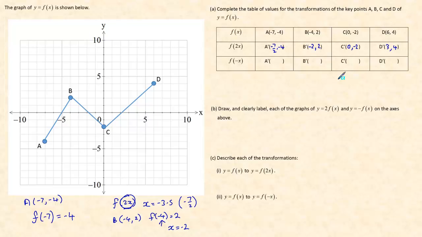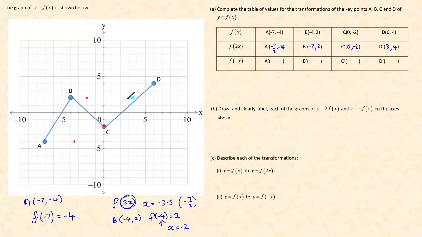So if we draw that one now, we have -3.5 and -4. Now, -2 and 2 is here. 0, -2 is exactly in the same place.